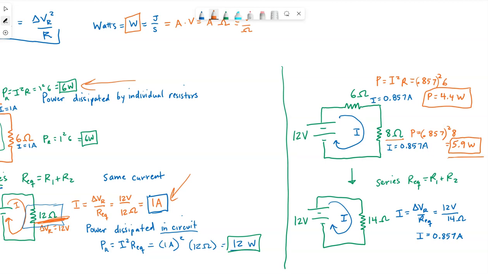So power is not terribly difficult to calculate. Conceptually, we have to remember series versus parallel. We have to remember what they have in common. In series, our resistors have the same current. In parallel, they have the same voltage.